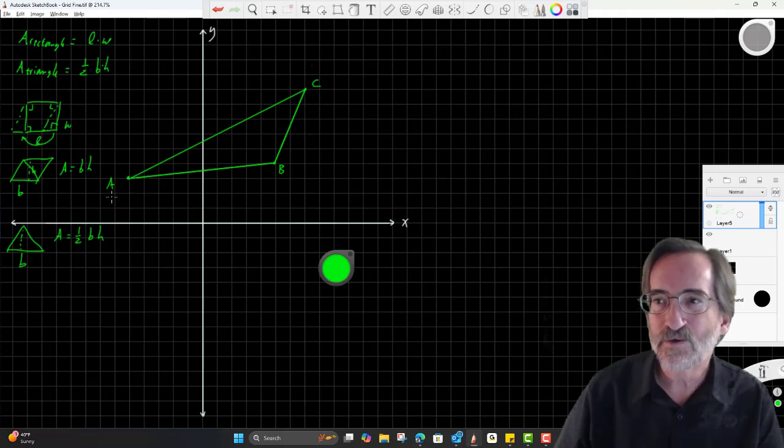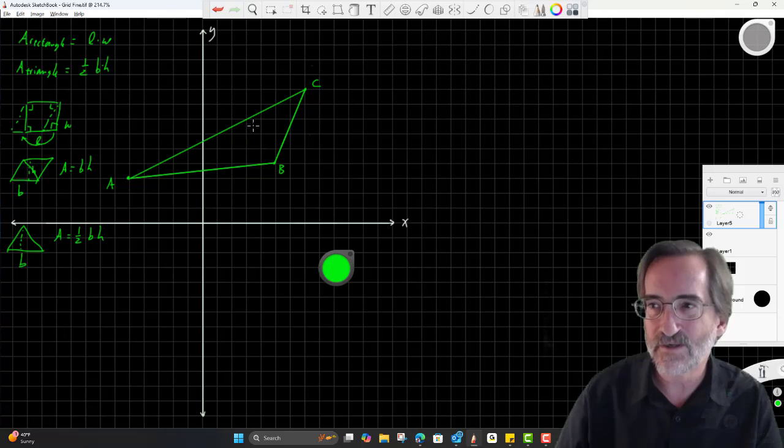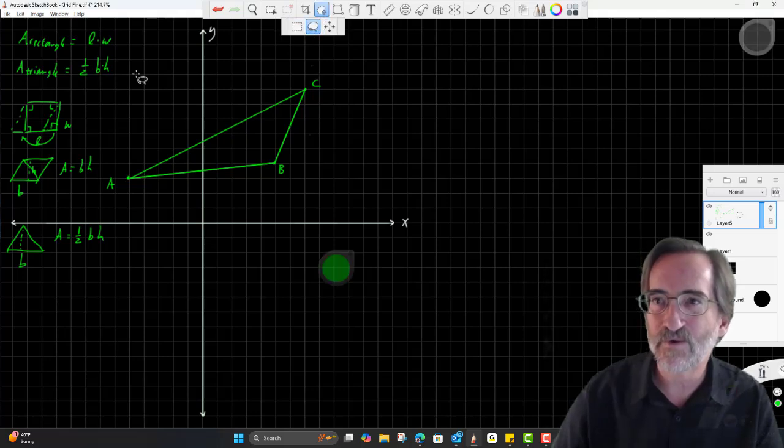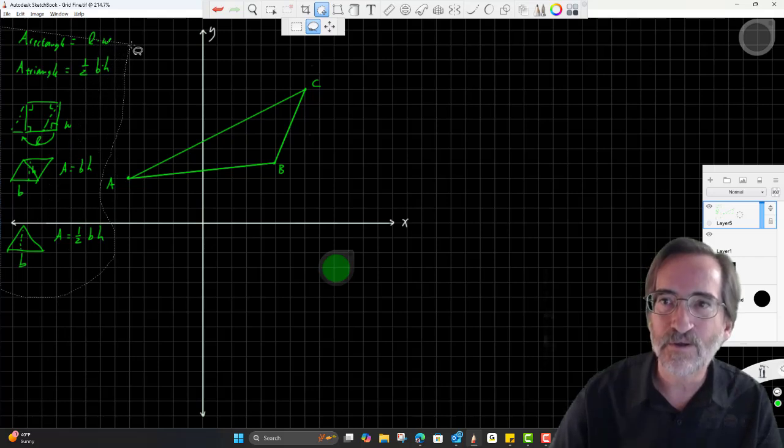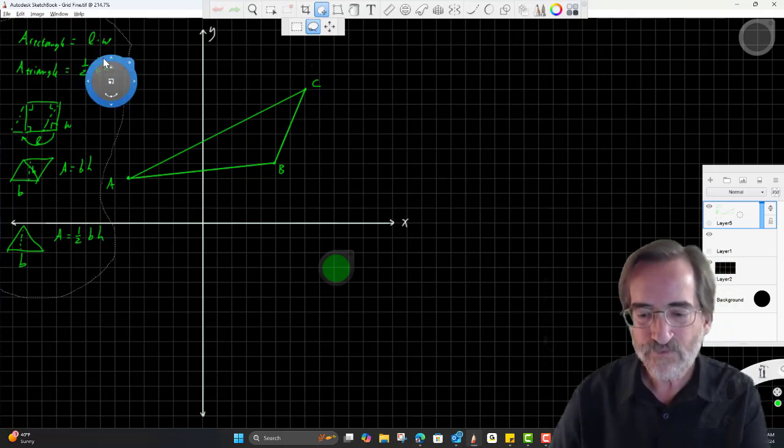But I want to see if I can find the area of this triangle. That is not easy to do. It's not easy to find the height of this triangle, for example. It could be possible, but it would involve some algebra that we are not really comfortable with at this point.